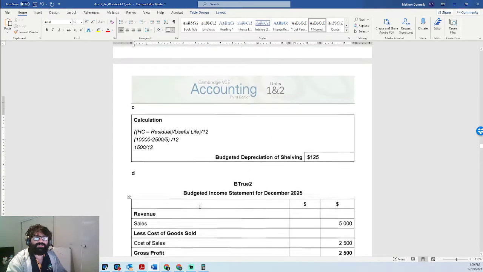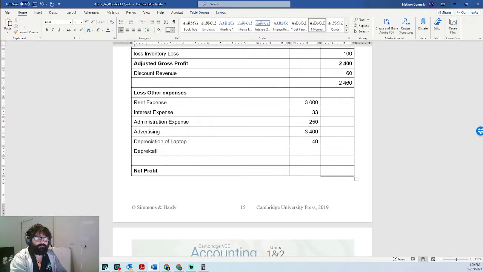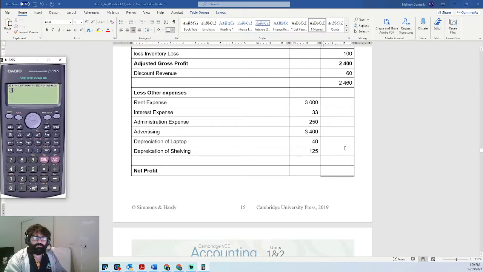The other depreciation we calculated here of shelving, and that's 125. So let's put those numbers through. So 3,000 plus 33 plus 250 plus 3,400 plus 40 plus 125. We see it's 6,848.